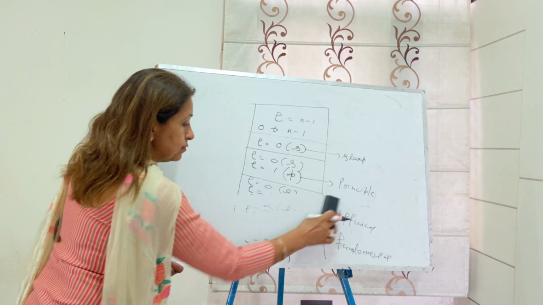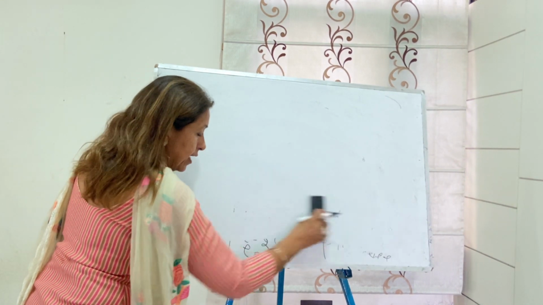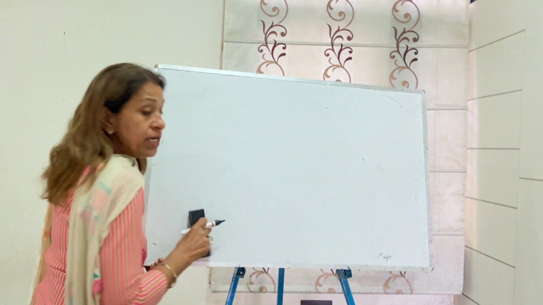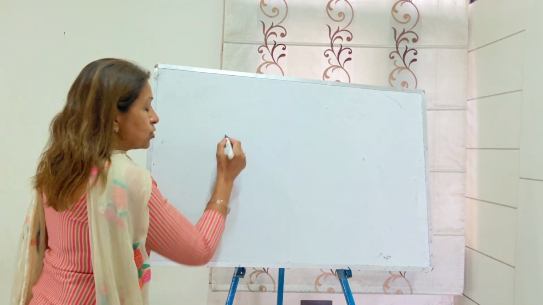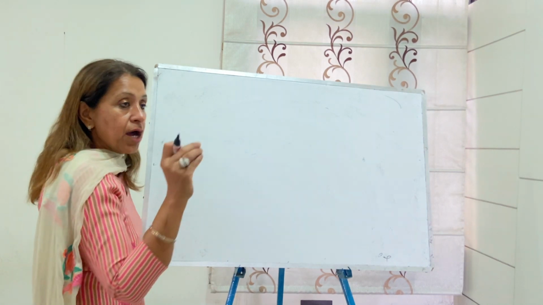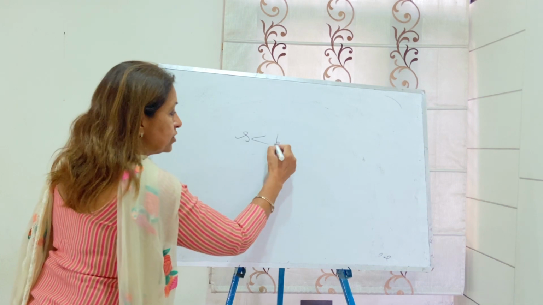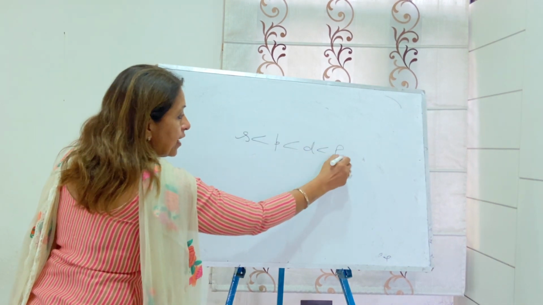Second information: this quantum number will tell us the energy of each subshell. The s subshell is present very close to the nucleus, highly penetrated towards the nucleus. So remember, s has less energy than p, then d and f.